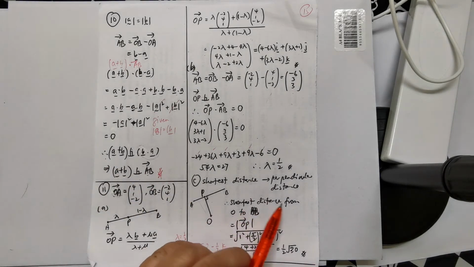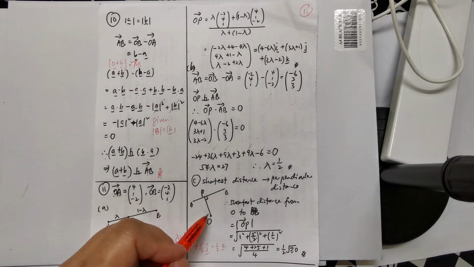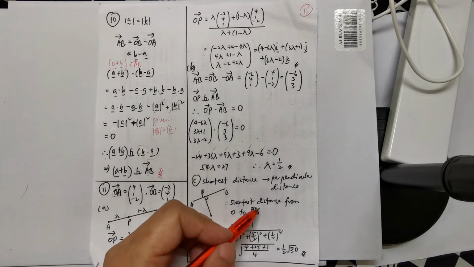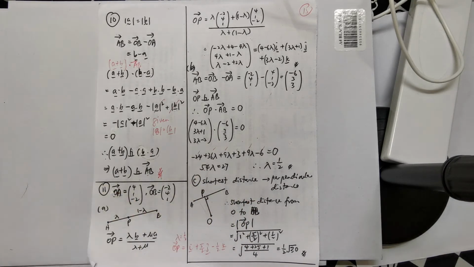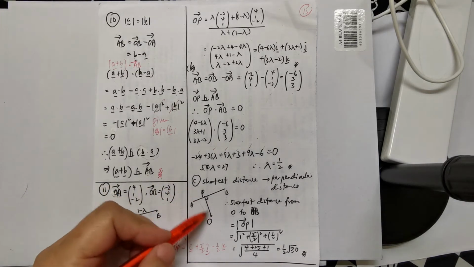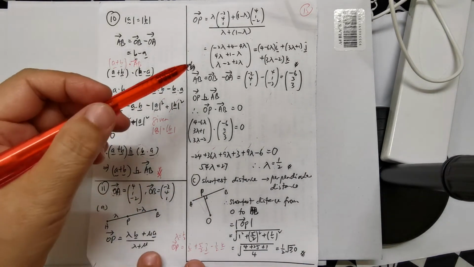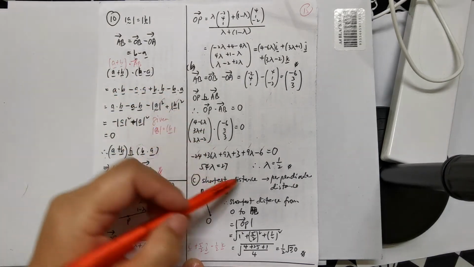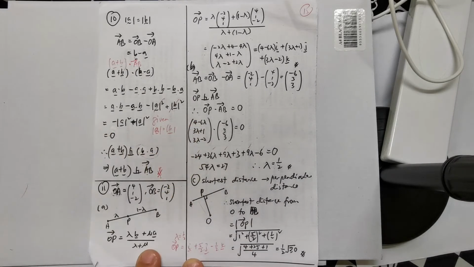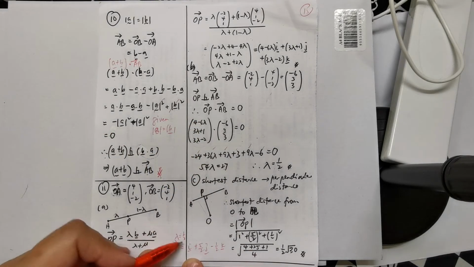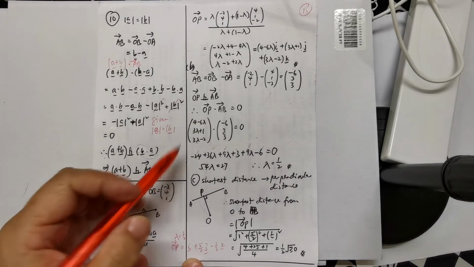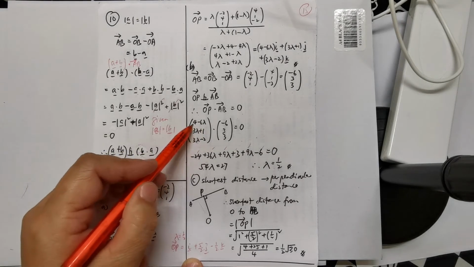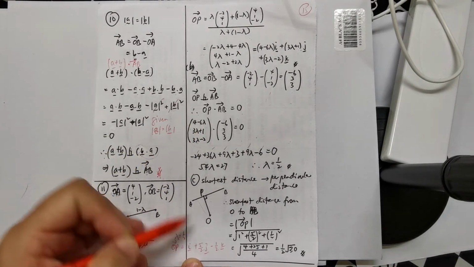Therefore, the shortest distance from O to AB will be the modulus of vector OP. So just now, this is OP, right? And lambda is half, we calculated already. So just sub in. When lambda is half, OP is: 3 minus... 4 minus 3, 1, so 1i.